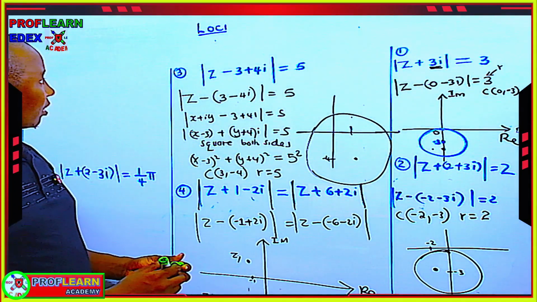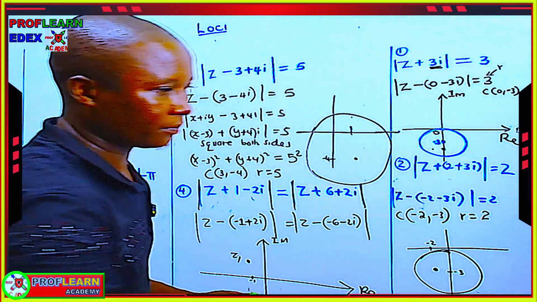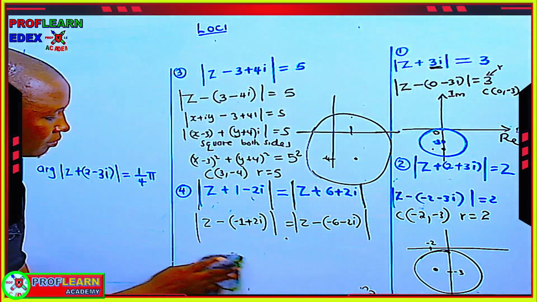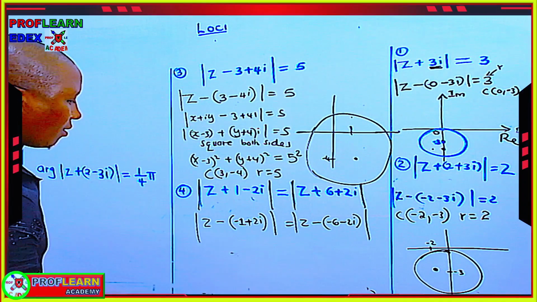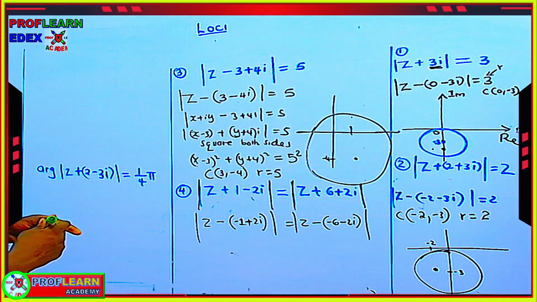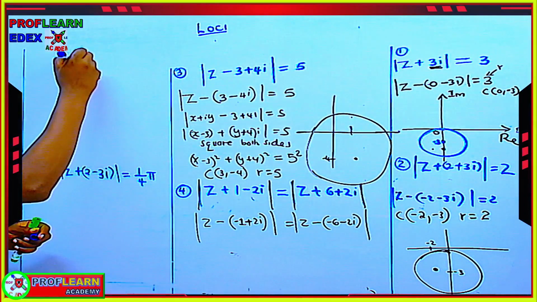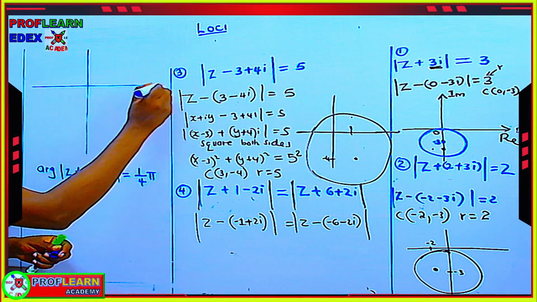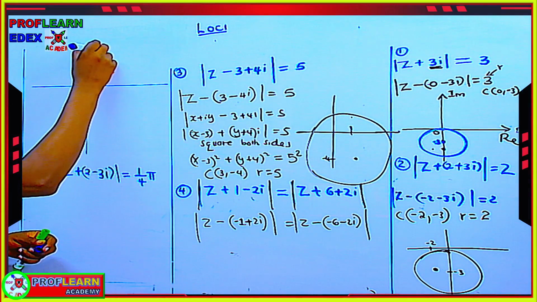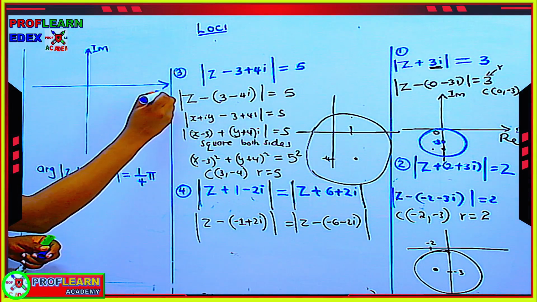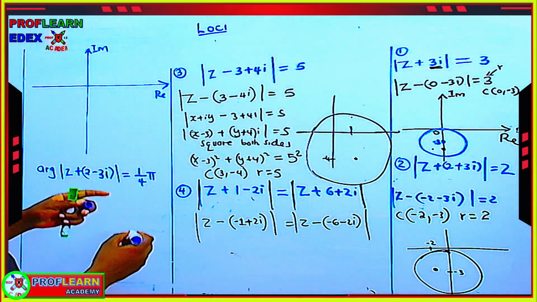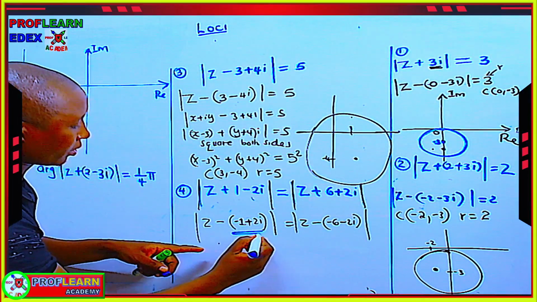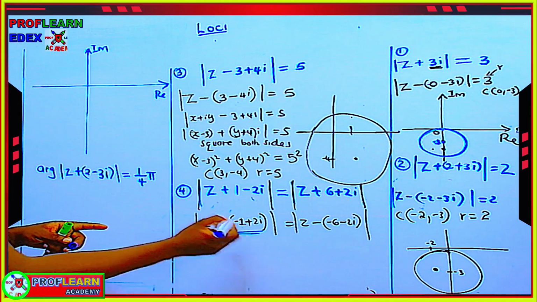I think I need to draw somewhere you can be able to see. Need to remove this from here. Imaginary and the real axis. So the coordinate for the first point is (negative 1, 2).